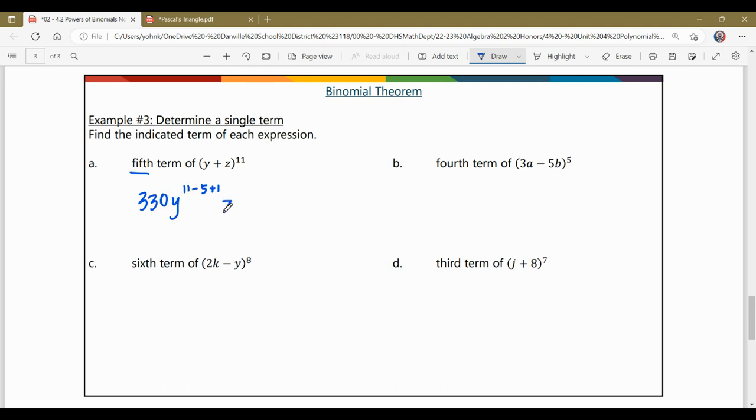And then I'm going to do z to whatever else is left. So this will be 330. Y to the 11 minus 5 is 6 plus 1 is 7. And then z has to be the number that you would add to a 7 to get 11, which is 4.